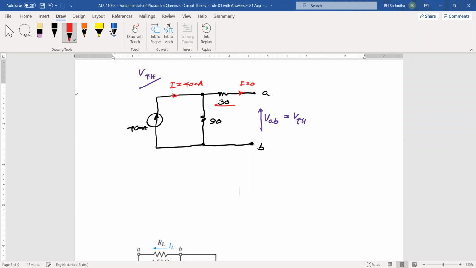Because of that, voltage drop. Because this one is V is 0, then VAB is the voltage across the 90 ohm resistance. Then we can find it like this. VAB, the current going through this resistor is 40 milliamperes and the resistance is 90 ohms.